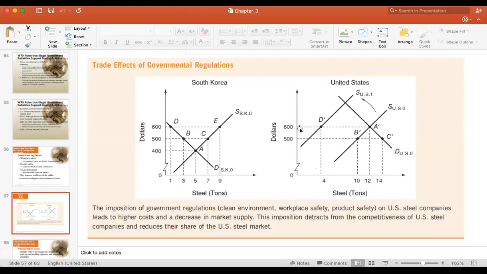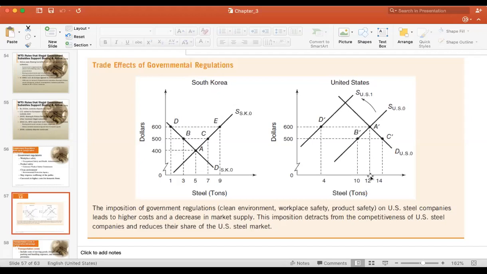Okay, at 600, how many tons of steel is the US willing to consume? 12 million. Right here, 12 million. If the price is 600 and you have the demand, what is the demand telling you? 12 million, right?